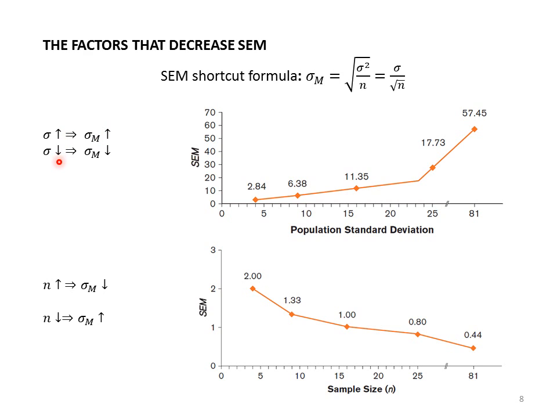When one goes down, the other one goes down. You can tell this from this graph. When the population standard deviation goes up, the standard error of the mean goes up. When the population standard deviation goes down, the standard error of the mean comes down.